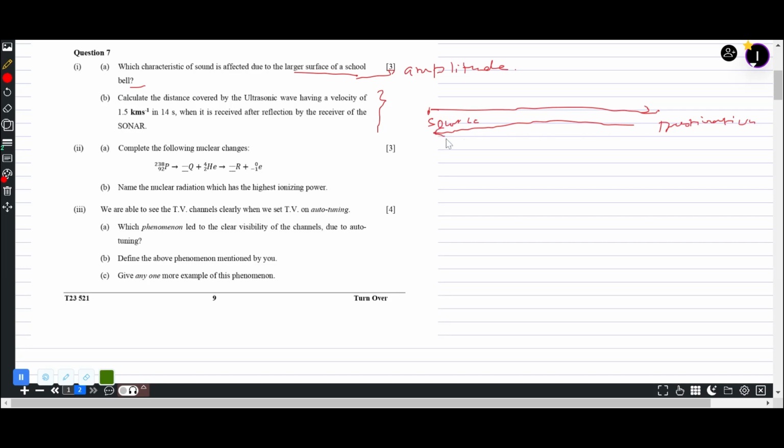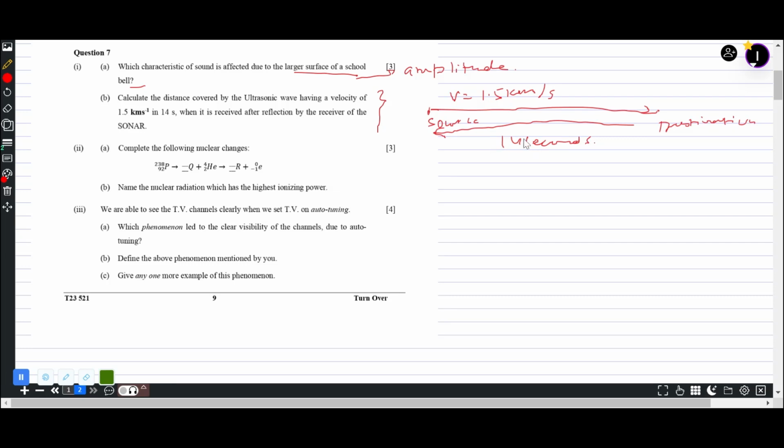That's how you hear it back. Its velocity is given as v equal to 1.5 kilometers per second, and the time taken is 14 seconds.